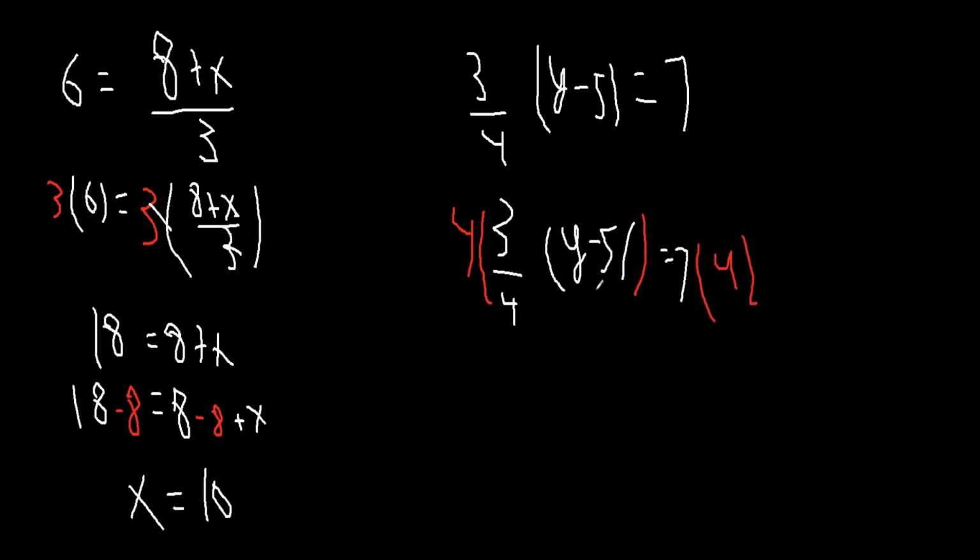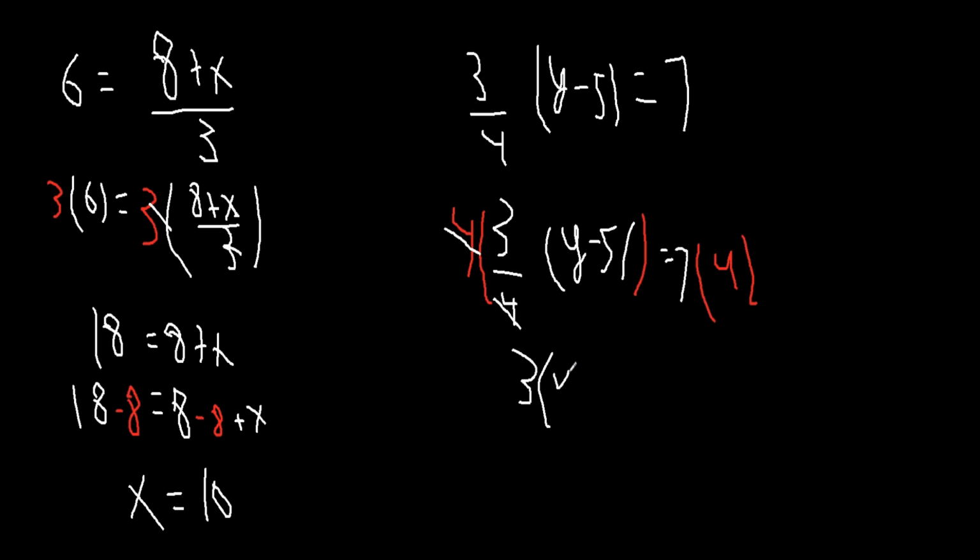Now, if you look closely, you will understand the reason why you have to multiply by our denominators. We have two 4's here. So by multiplying by our denominator 4, these 4's will cancel out, just like this 3 and 3 here. So since these 4's cancel out, we can expand this bracket and simplify and continue balancing our equation.